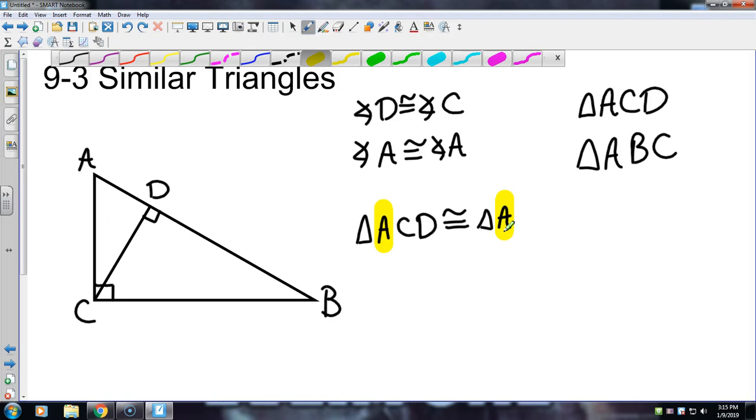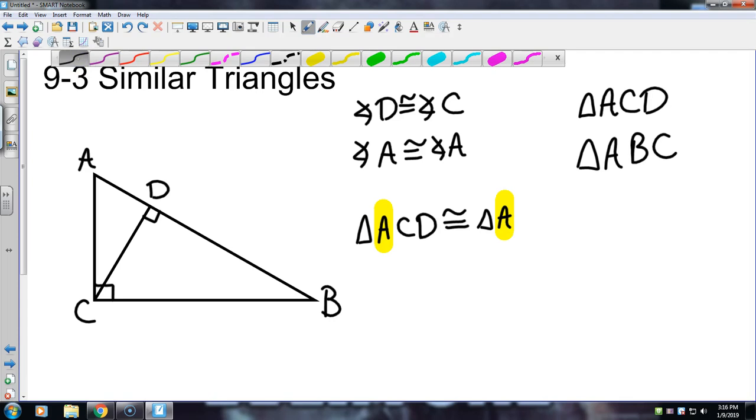In my smaller triangle, which is this one, the one on the left, C is not a right angle. So in my big triangle, B is not my right angle.